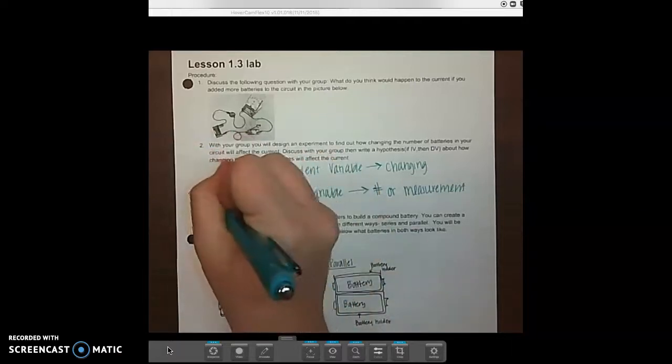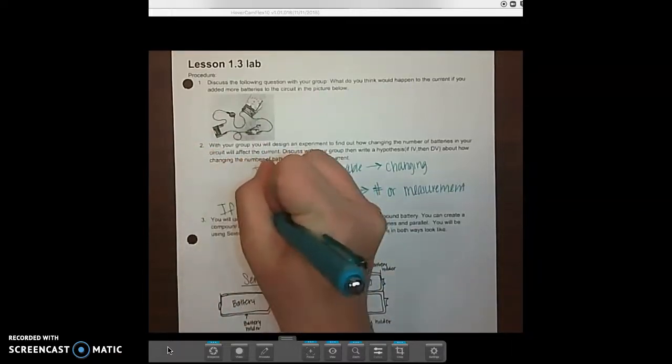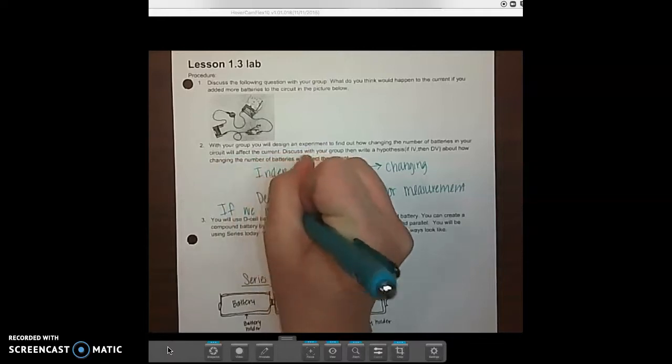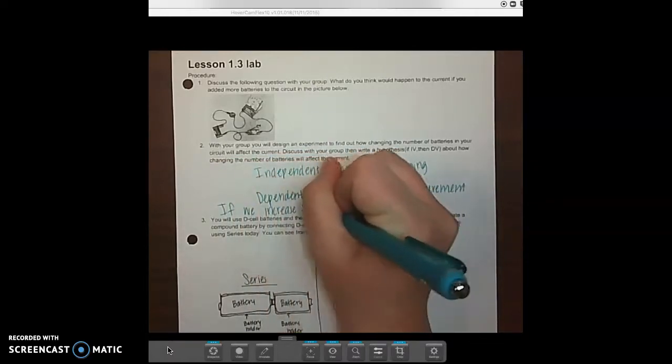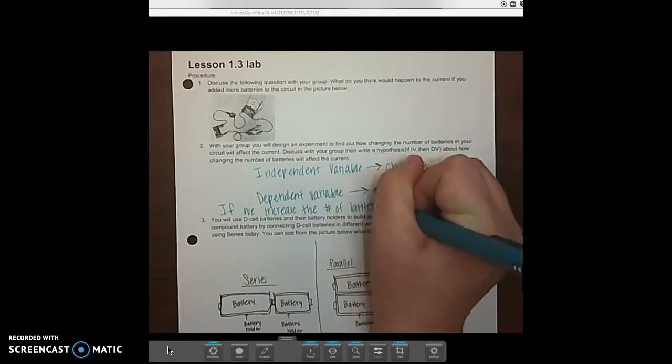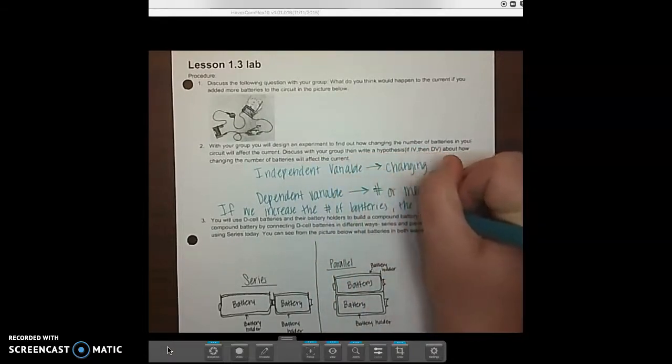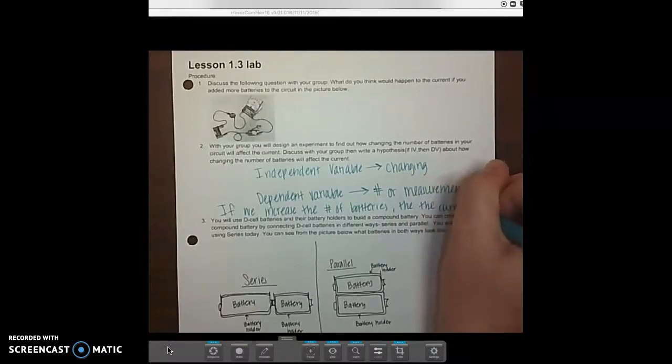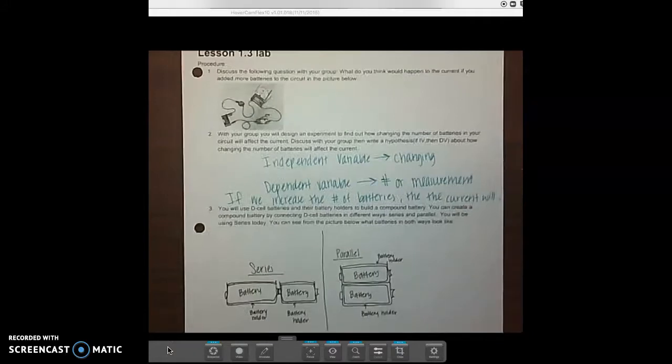So if we increase the number of batteries, then the current will, and then whatever you think will happen, increase or decrease.